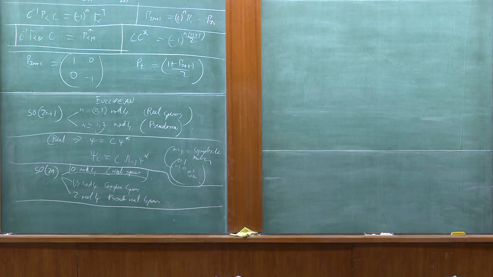And the fact that you could not consistently impose a reality condition on spinors of SU2 is the same thing as not being able to consistently impose a reality condition on spinors of SU2 times SU2. Okay, so we've derived all this and it's sort of familiar, and of course you won't remember all of it, but it's worth knowing where you can quickly go to a table that looks up these properties. It's a useful thing.